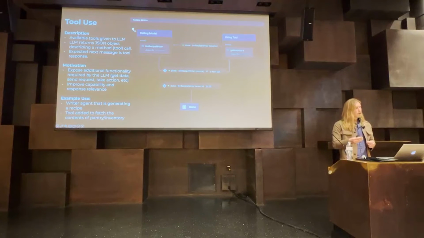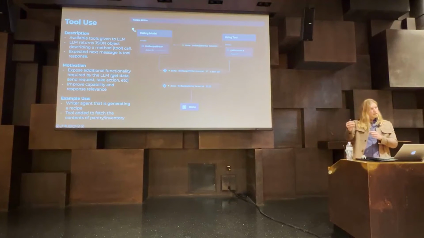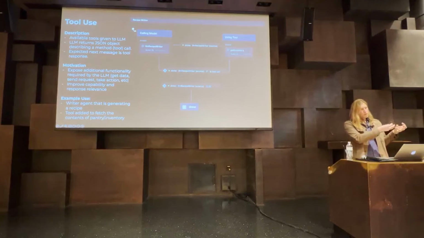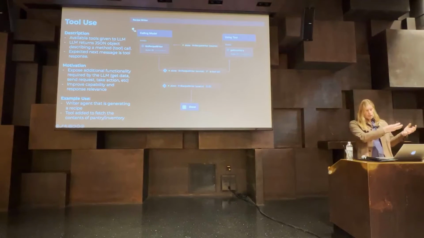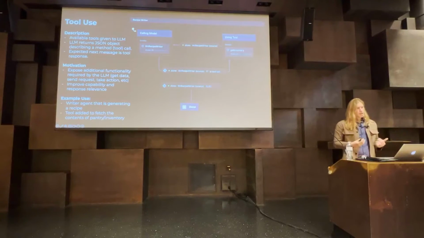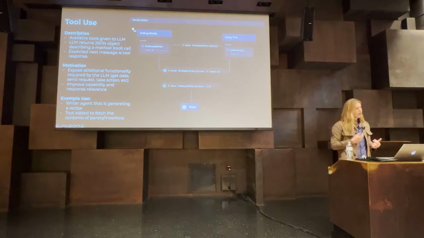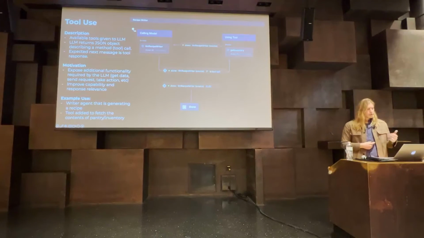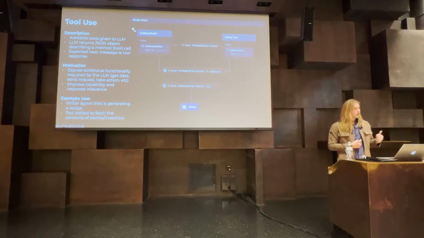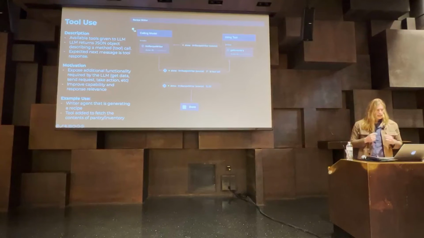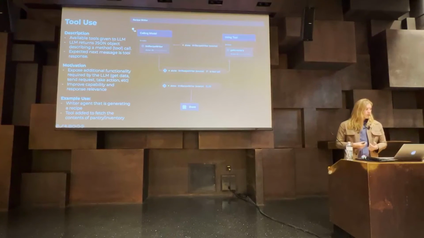So then it's up to the caller to call that method, get the response, model that as a response object to the LLM that it expects, and pass it back in. So you would do this especially when you want to add additional functionality which is required by your LLM. So for example, to get more data, to send a request, to take some action, etc. And it dramatically improves the capability and response relevance.